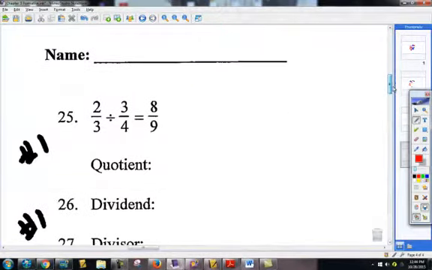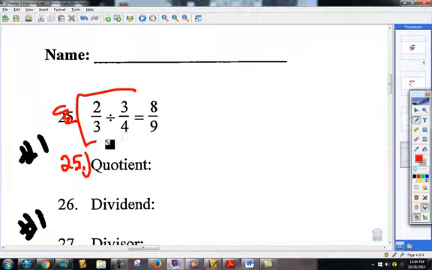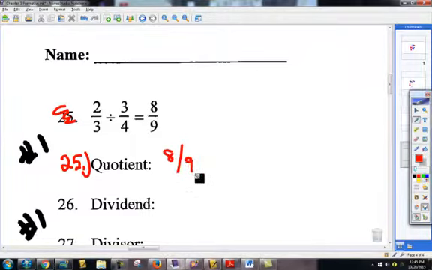All right. So right here, this was actually number 25. That's how we did it, and we didn't even call this one. Here's your little equation thing. You just had to identify which was the dividend, which was the divisor, and which is the quotient. Pretty easy, actually. The quotient, remember, is the answer to a division problem, so that would be 8/9.